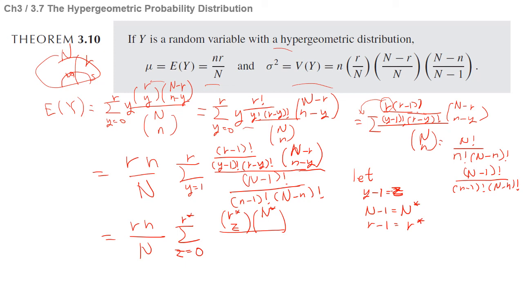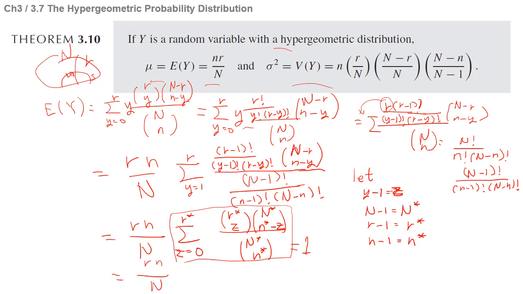Also let small n minus 1 be n star. Then N star minus r star choose n star minus z, and for this part, N star choose n star. And the inside of this is the hypergeometric distribution. So this sums up to 1, and so this is rn over N.